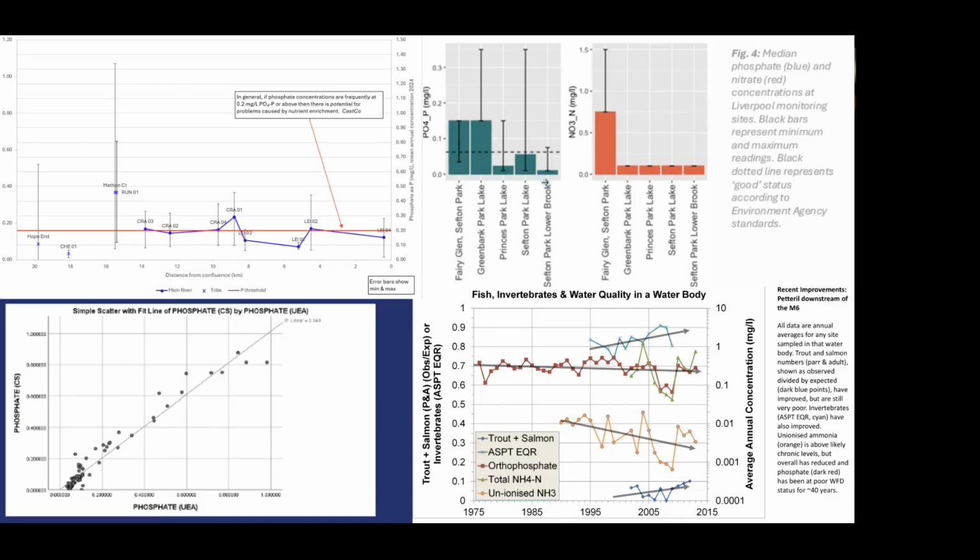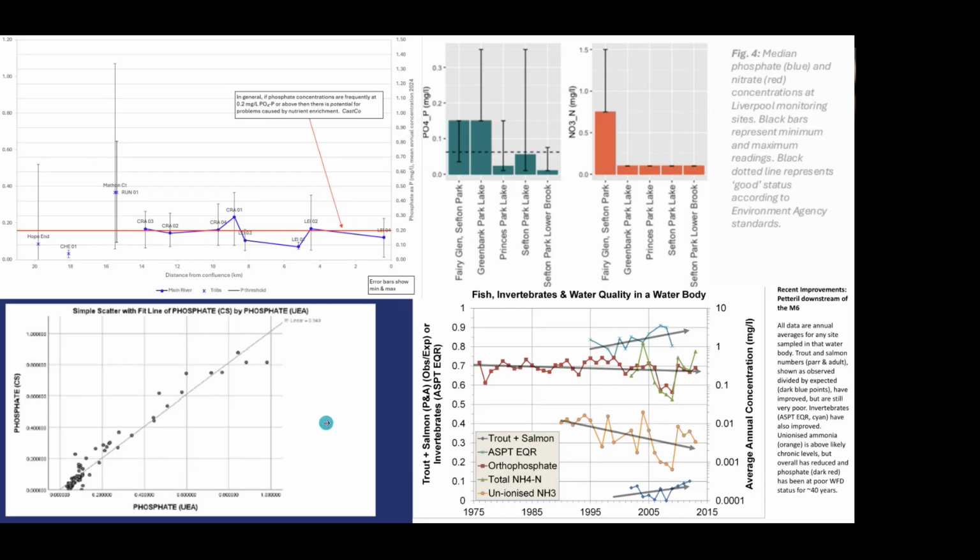But here it's using the median phosphate and then the nitrate levels. Again, you've got your min and max values shown, and the threshold for phosphate for that particular area included in that as well. So these two show similar types of data, but obviously in quite different ways, but both still ultimately quite effective at what they're doing.